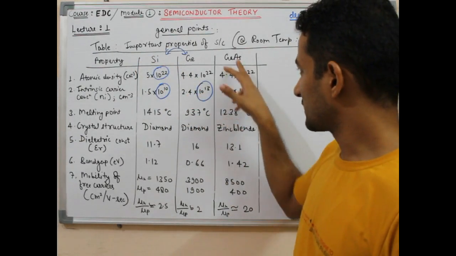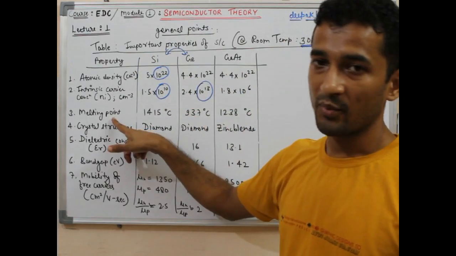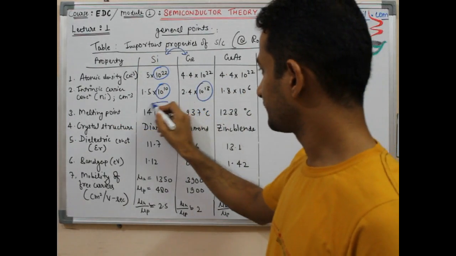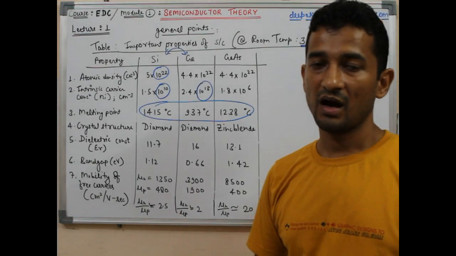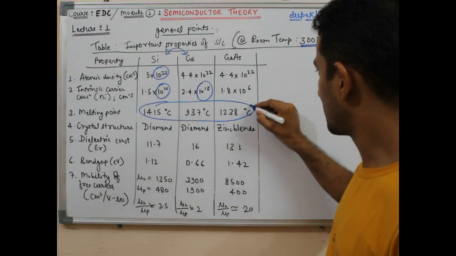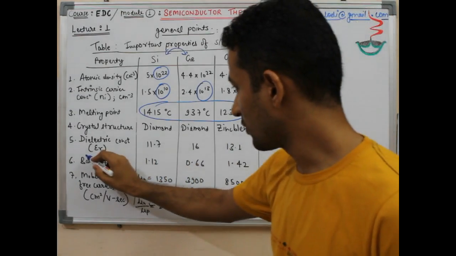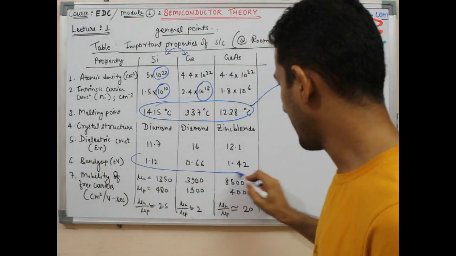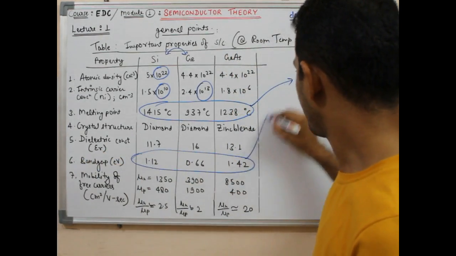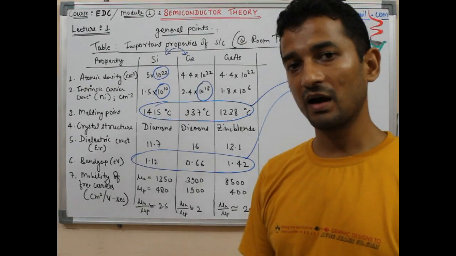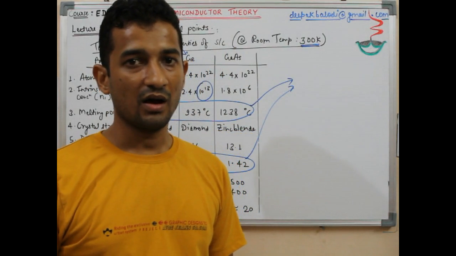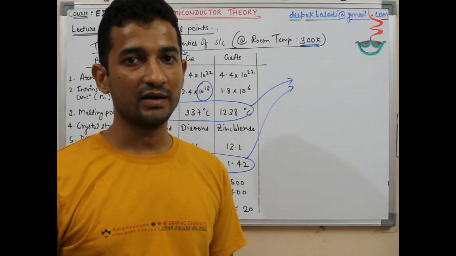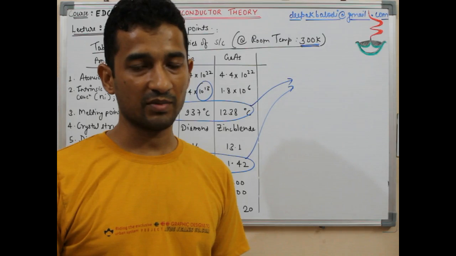Similarly, for gallium arsenide, we can notice the melting point. This is an important point. You see that the melting point of silicon is highest. So this point and one more, band gap. A higher band gap and a higher melting point make a material very suitable for high temperature stability and high temperature applications.